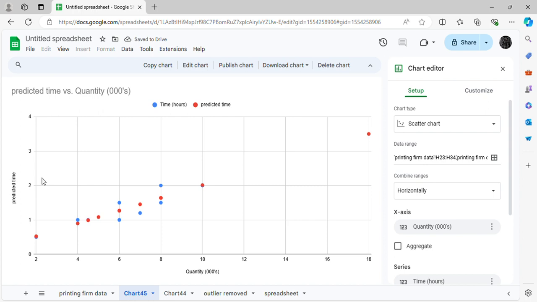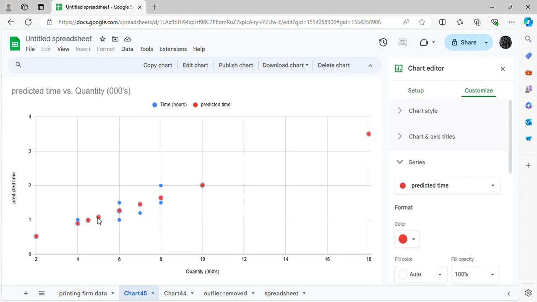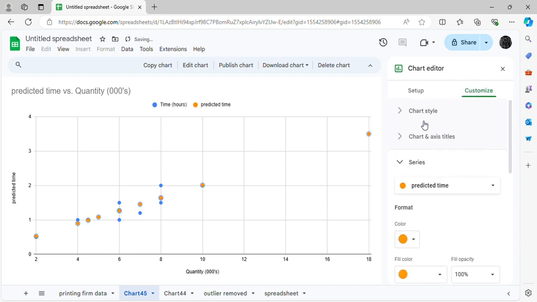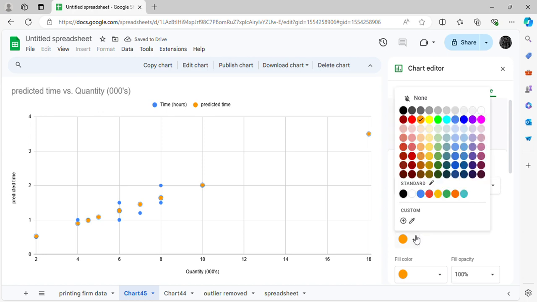Okay, so now let's mark these predicted time values for 5,000 sheets. Let's color that differently. No, that was red.